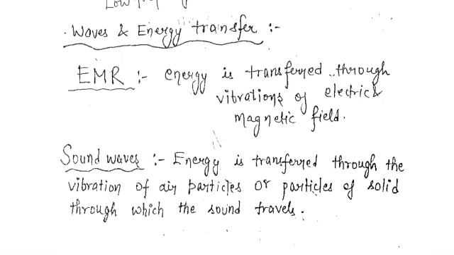Now let's talk about electromagnetic radiation. What is electromagnetic radiation? We know very well that it is the perpendicular oscillation of the electric and magnetic field.